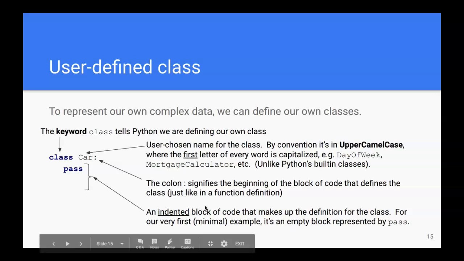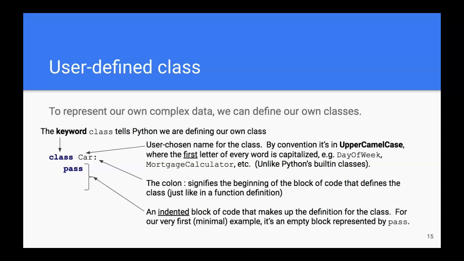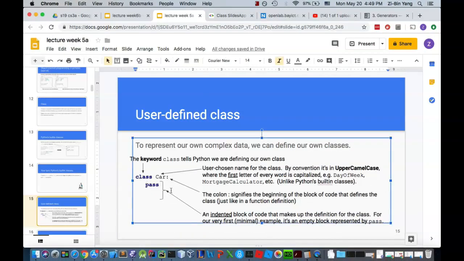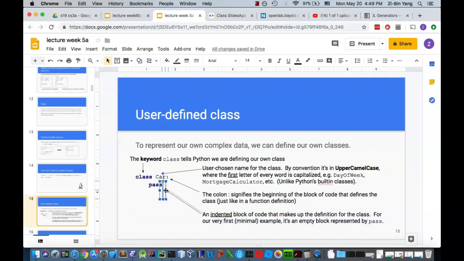It signifies the beginning of a block of code, and that block of code will define the class. And then after the colon, we have an indentation. Oops, it should be 4 spaces, but that's actually a problem with my pasting all of my code.